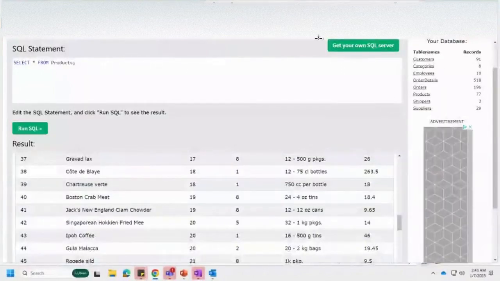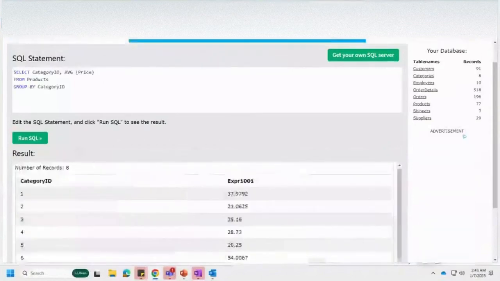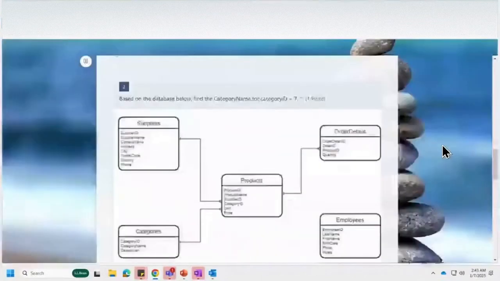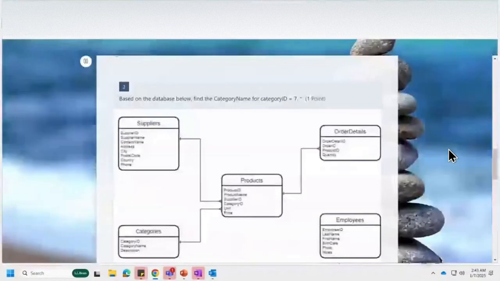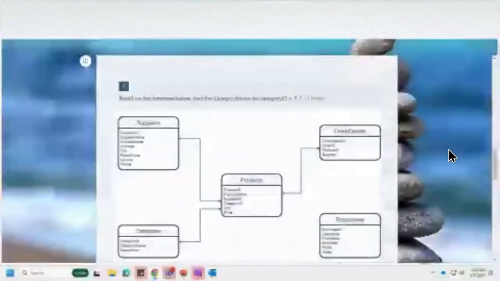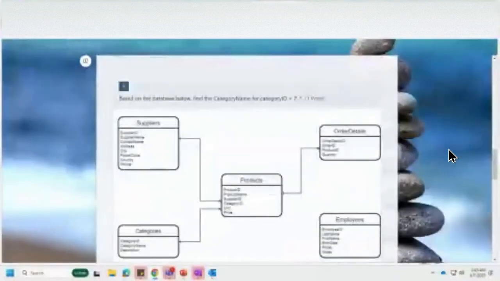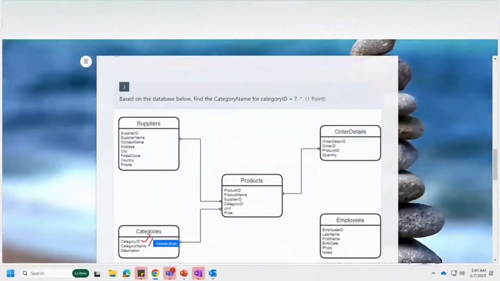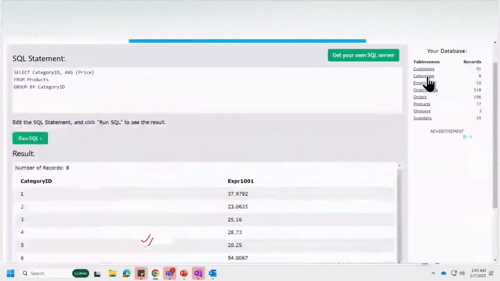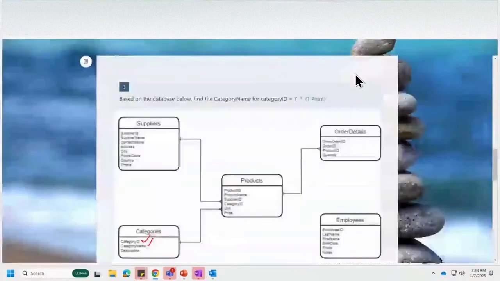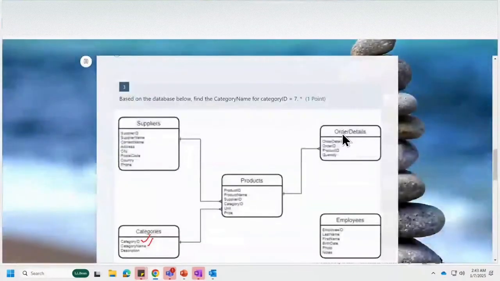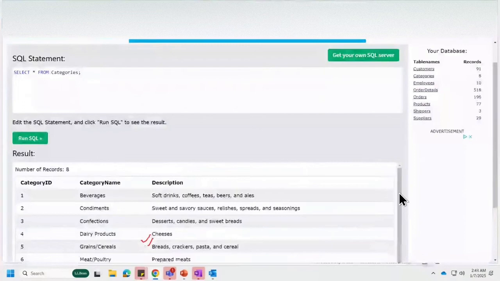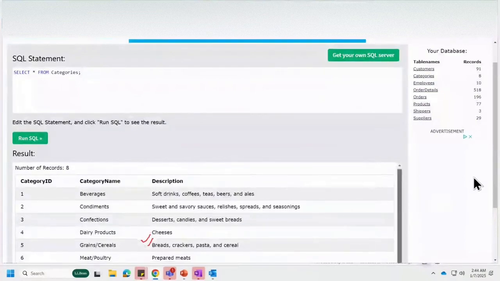So go to the categories, select all from categories, and you will see against that. Because this is the table where this information is.